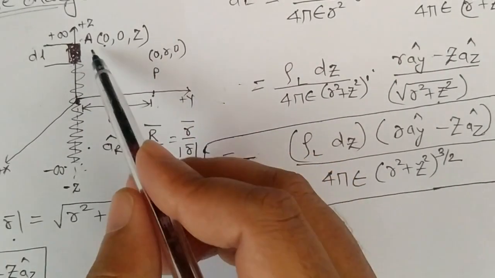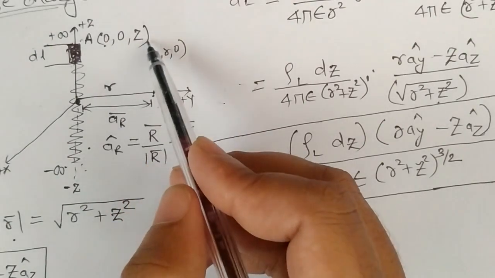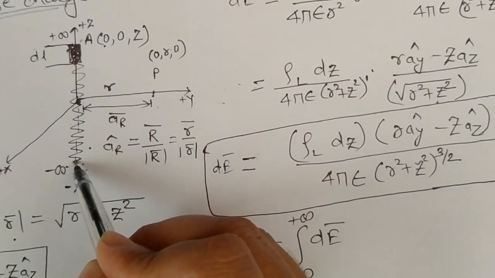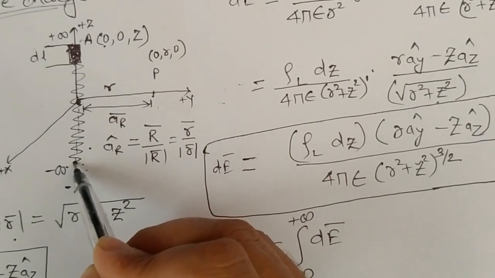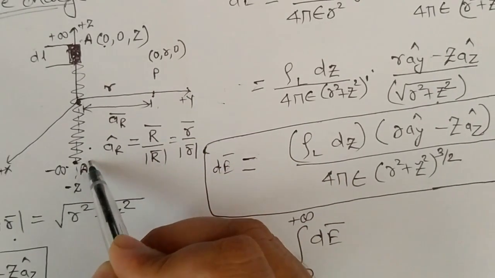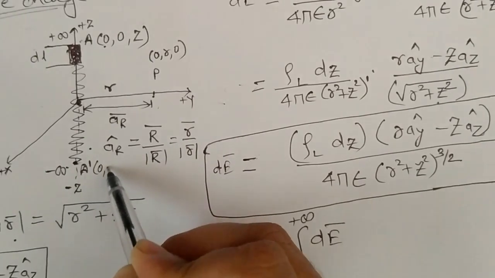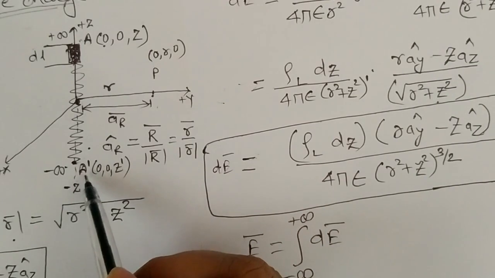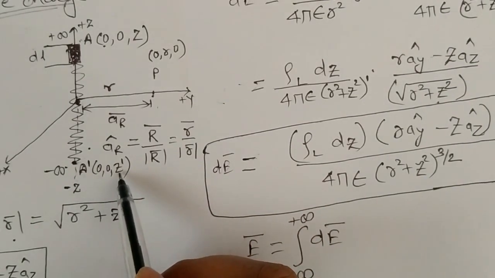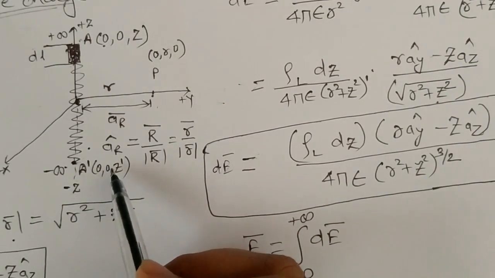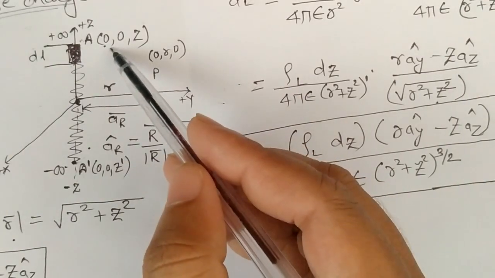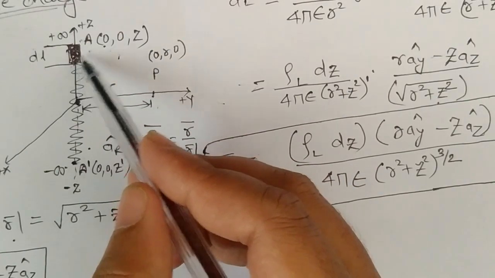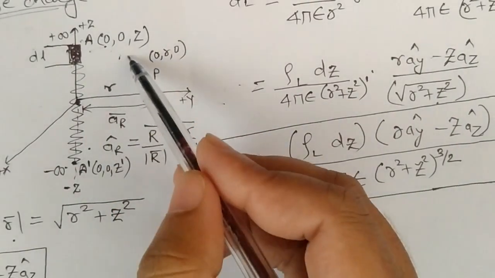The meaning is that we consider a point A (0, 0, Z) above the origin. Similarly, the same point may occur below the origin, whose value will be A dash (0, 0, Z dash). So this is the mirror image of the component we are considering above the origin, and therefore they cancel each other.